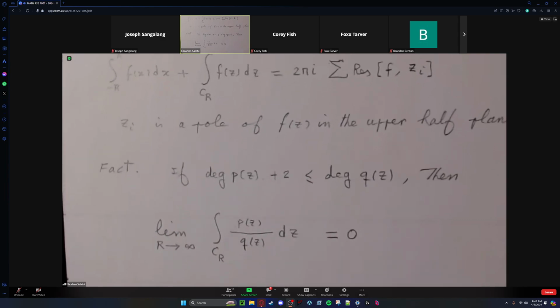And it's easy to prove this by using the ML inequality, okay?